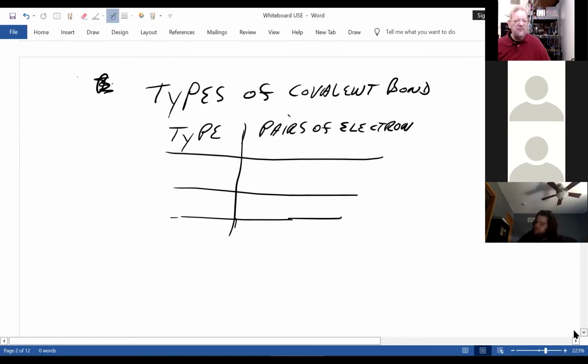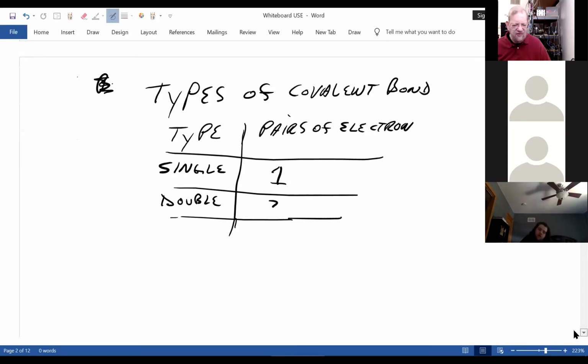And there are three types of covalent bonds. The first one is a single bond and has one pair of electrons. Second one, double bond, has two pairs of electrons. And the third one is a triple bond. Yeah, if we were in the lab right now, I'd say that has three pairs of electrons.